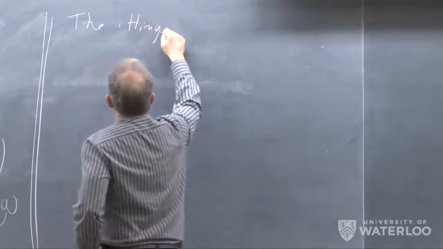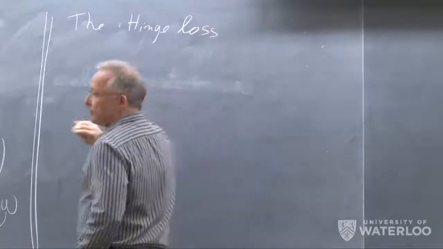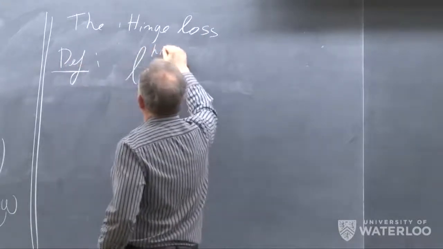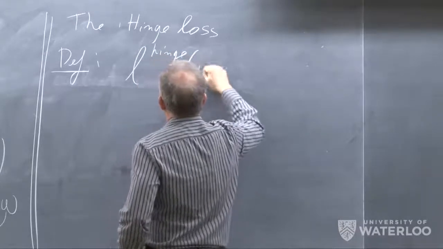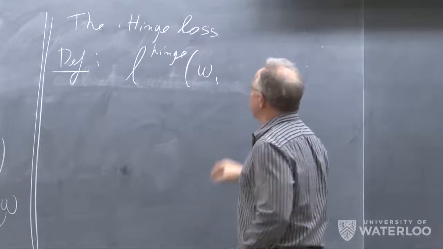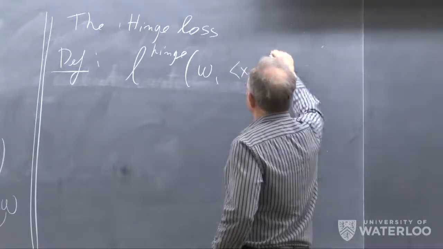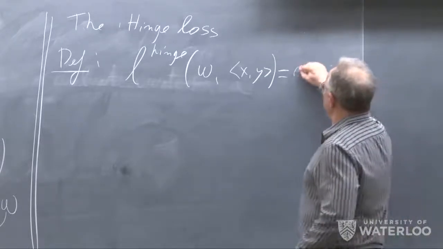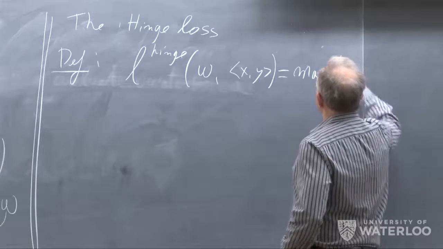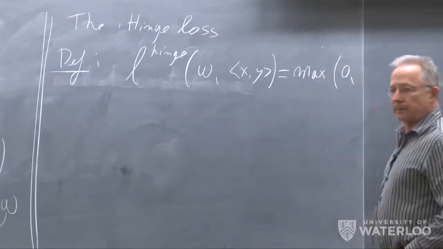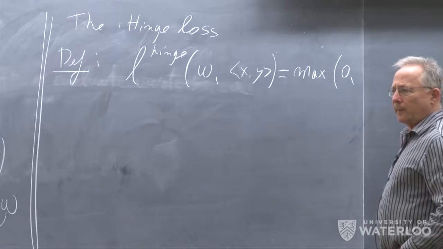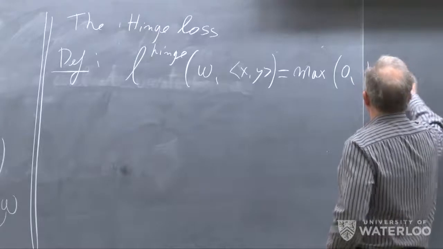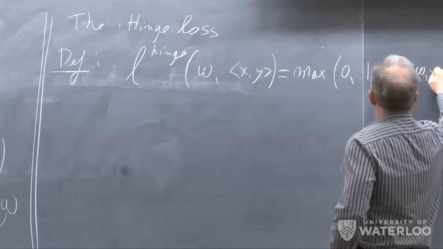So the definition is that the hinge loss of a vector w, or a classifier w, on a point (x, y) is defined as the maximum between 0 and 1 minus y times the inner product of x and w.